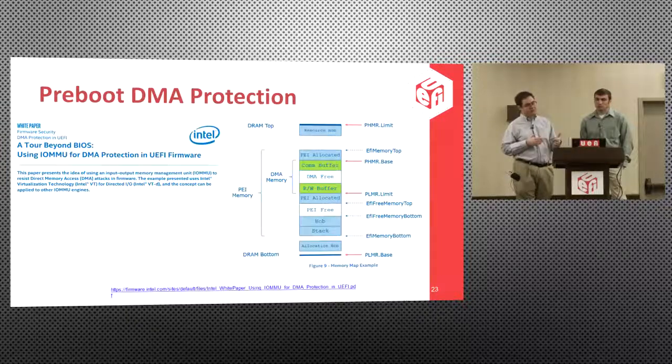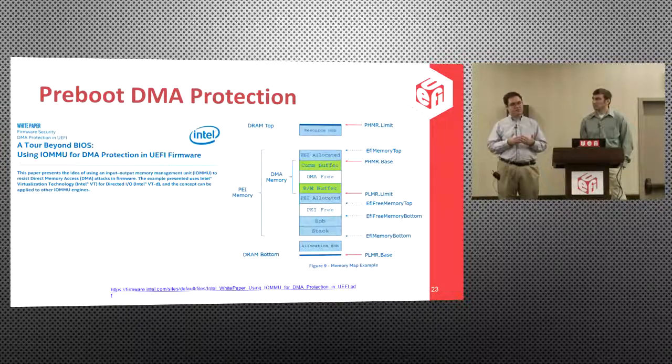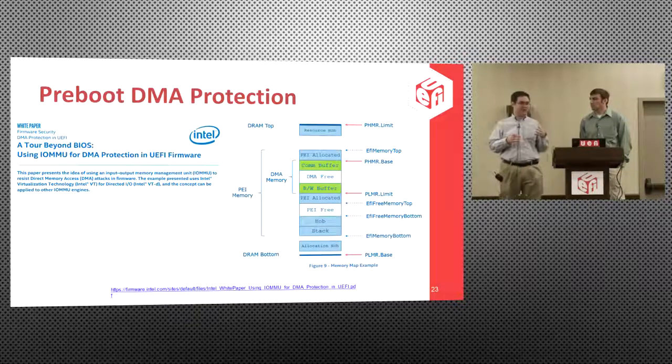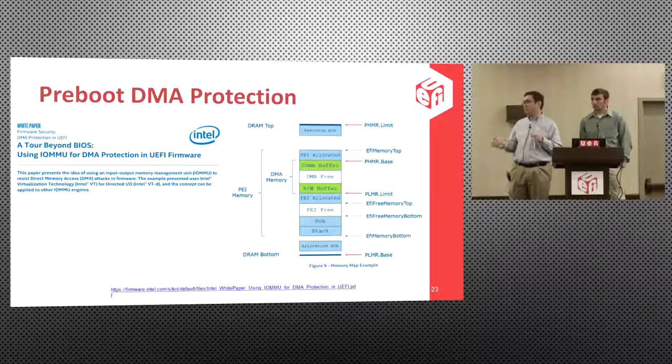One of the other things that you can do to enable protection across not just SMM, but the rest of the boot process, is to start introducing the configuration of the IOMMU earlier in the boot process. We have some open source available where we've done this on the latest Tiano core.